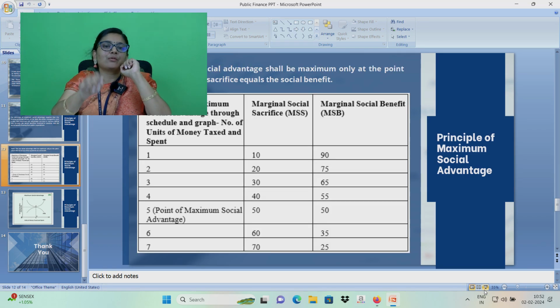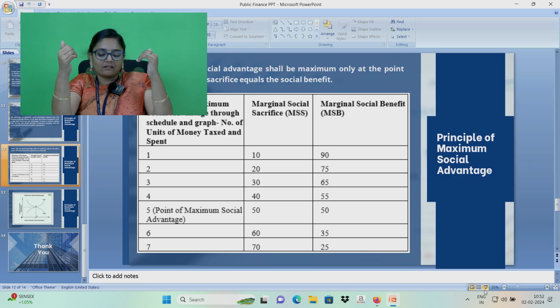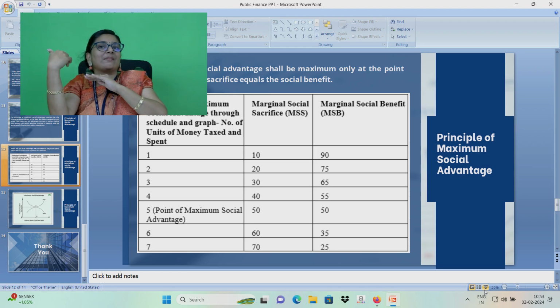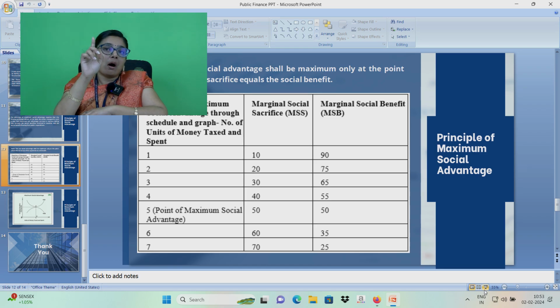In this table you have to note that the net social advantage shall be maximum only at the point where the social sacrifice equals the social benefit. As you can see in this table, at the fifth point, the point of maximum social advantage has been reached, as the marginal social sacrifice and the marginal social benefit are both 50.